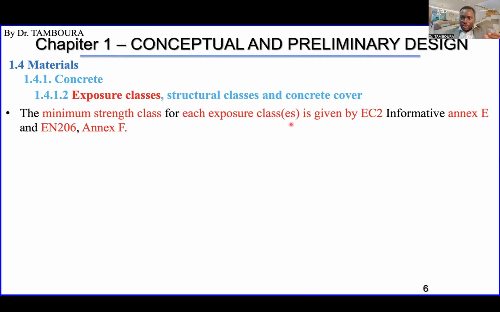The different classes of exposition we talked about last time are used to determine the minimum strength of concrete. Makes sense, right? Here is where you can find this kind of information.